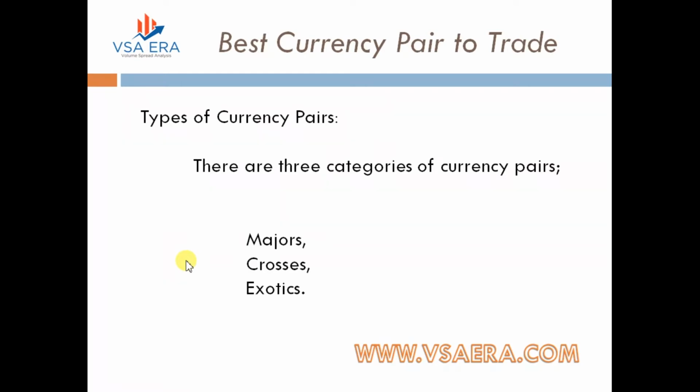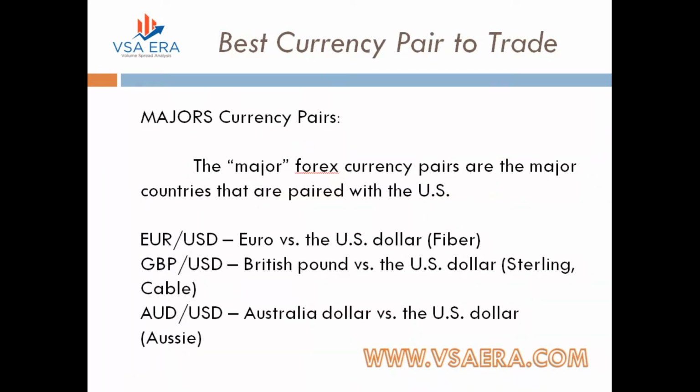Basically, there are three types of currency pairs. One is majors, one is crosses, one is exotics. Major currency pairs are major countries that are paired with the US dollar, like the euro paired with the US dollar, which is EUR/USD.